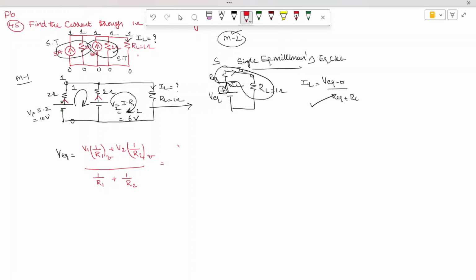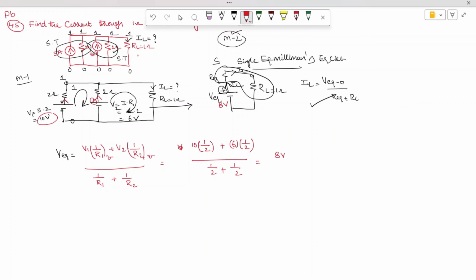Therefore we can write this as V1, which we found to be 10, into 1 by 2, plus, with the current flowing, the leaving polarity of this voltage is positive, so 6 into 1 by 2, divided by 1 by R1, which is 1 by 2, plus 1 by R2, which is 1 by 2. Just use your calculator and simplify it, and you get V equivalent equal to 8 volts.